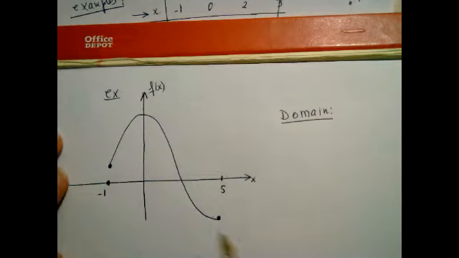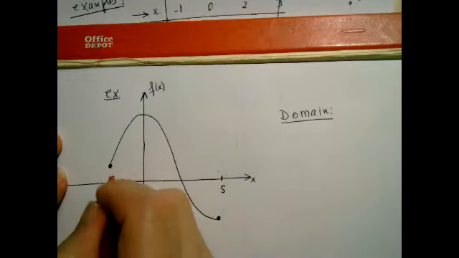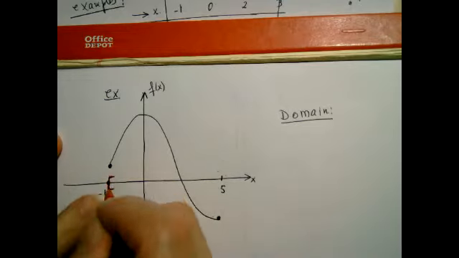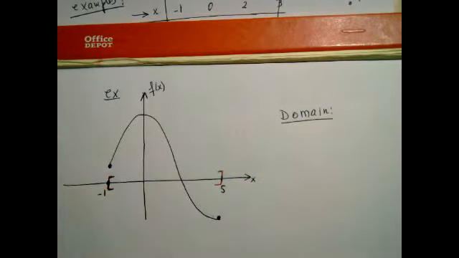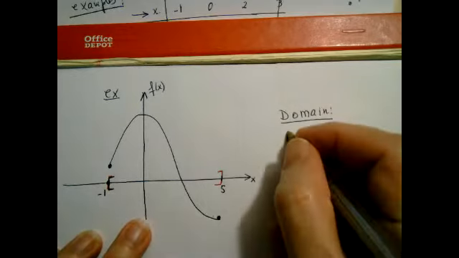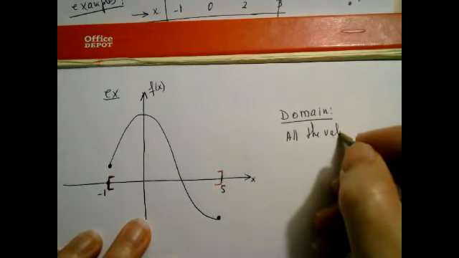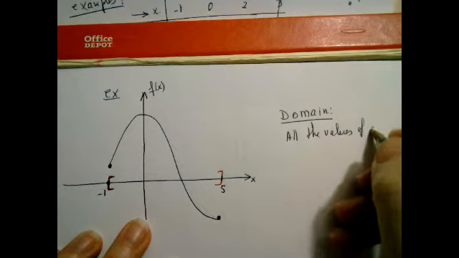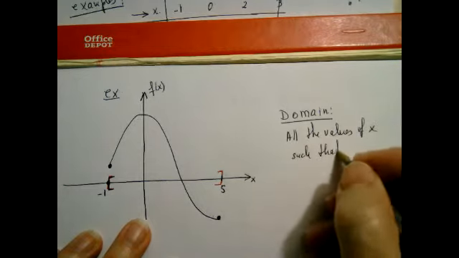So the domain in this situation are all the x values such that there is an f of x. So everything between -1 and 5 is in the domain. So in this particular function, the domain are all the values of x such that they have the following properties.